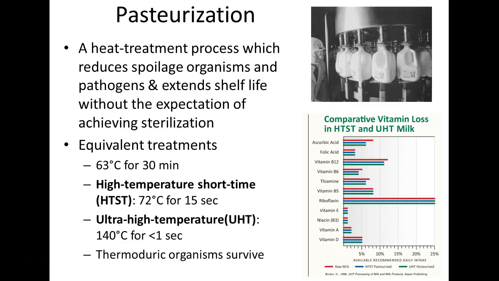Likewise, we can't put milk into an autoclave because the milk, while it doesn't turn from a liquid to a solid like the contents of the egg do, is still tangibly affected in its taste and to some degree in its nutritional properties when it's autoclaved.